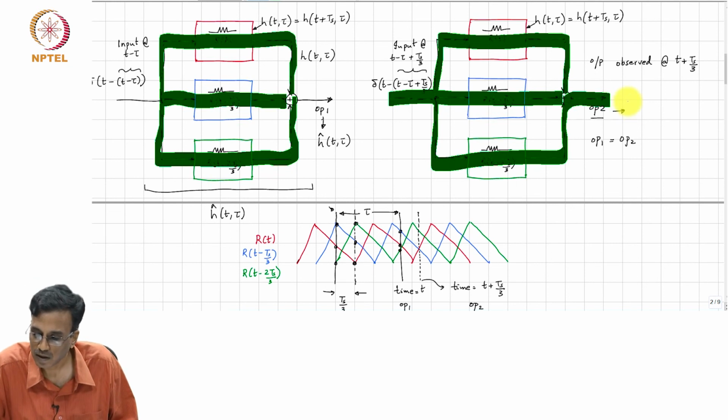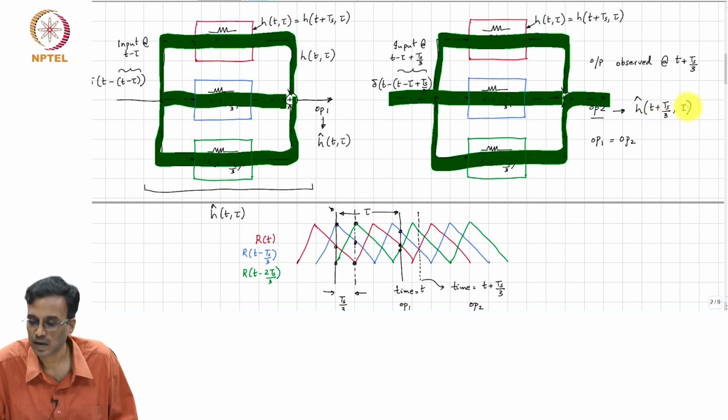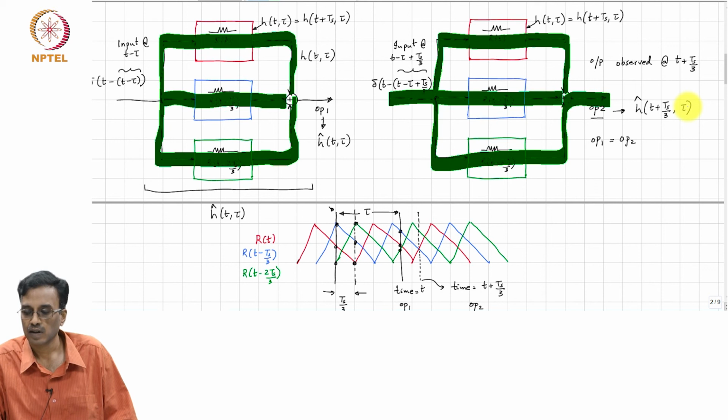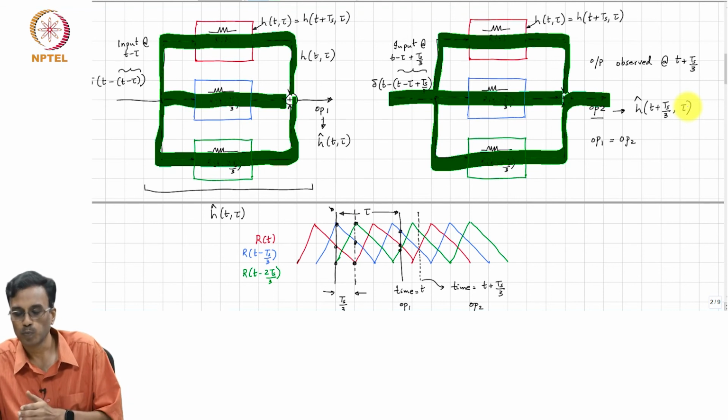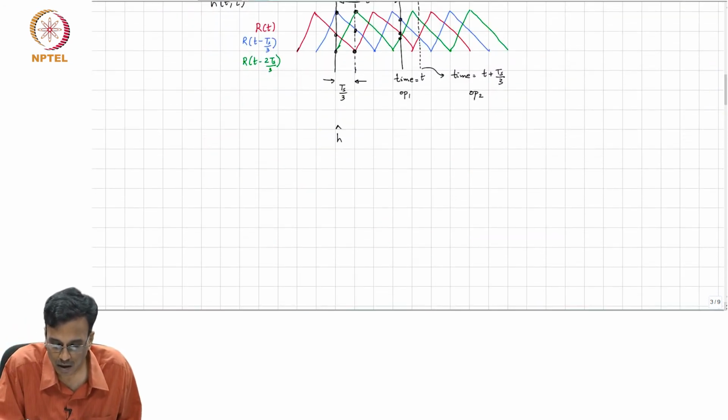And you will see that, just because of what we have seen, the output of the system when looked at a time Ts by 3 later is the same. If the impulse was delayed by Ts by 3 and the output was observed Ts by 3 later, you would get the same output in both cases. So, H hat of t plus Ts by 3 comma tau is the same as H hat of t comma tau.